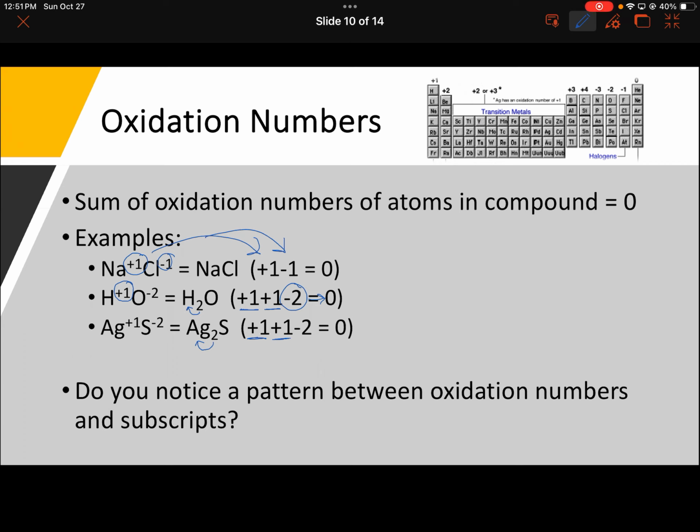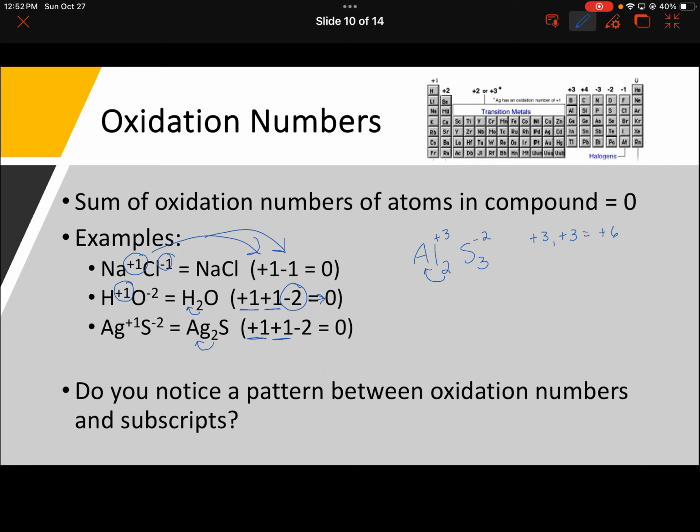We could do something a little bigger. We could do something like, this is a big one, Al2S3. Aluminum is a plus 3, sulfur is a minus 2. Let's check this one out. There are 2 aluminums, so plus 3, plus 3, because there's 2 aluminums.